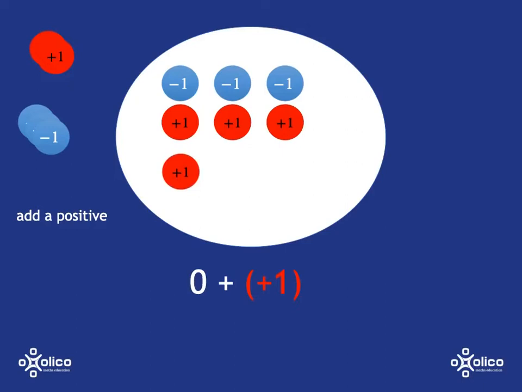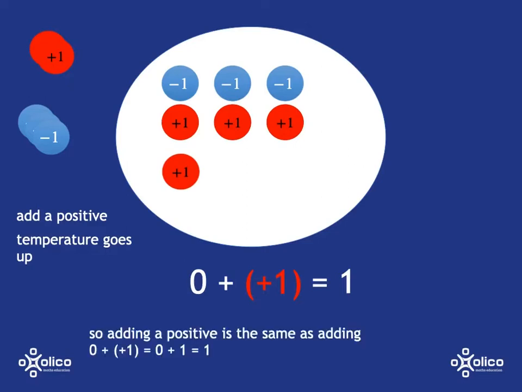Is our temperature going to go up or down? Hopefully you can immediately see that adding in something hot is going to make the temperature go up. Our temperature in this pot is going up from 0 to 1. And so if we're adding in a positive, adding in something hot, it's just the same as going up.